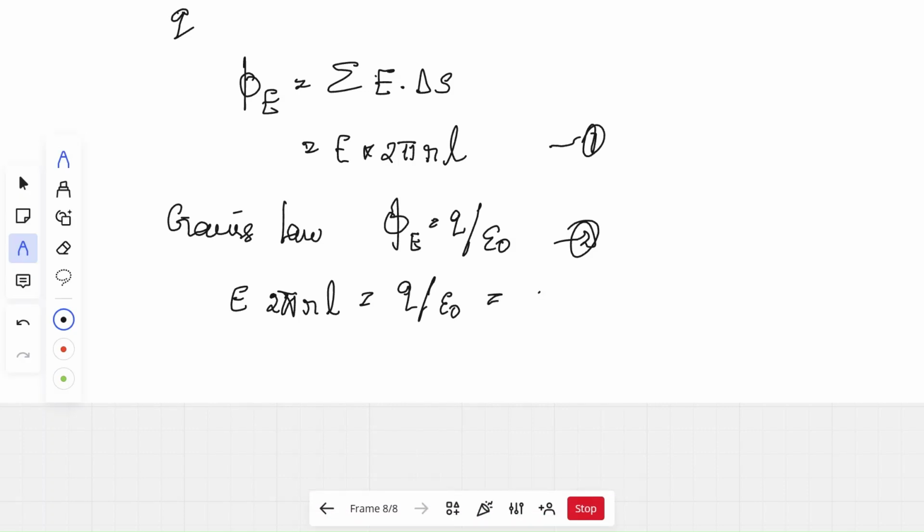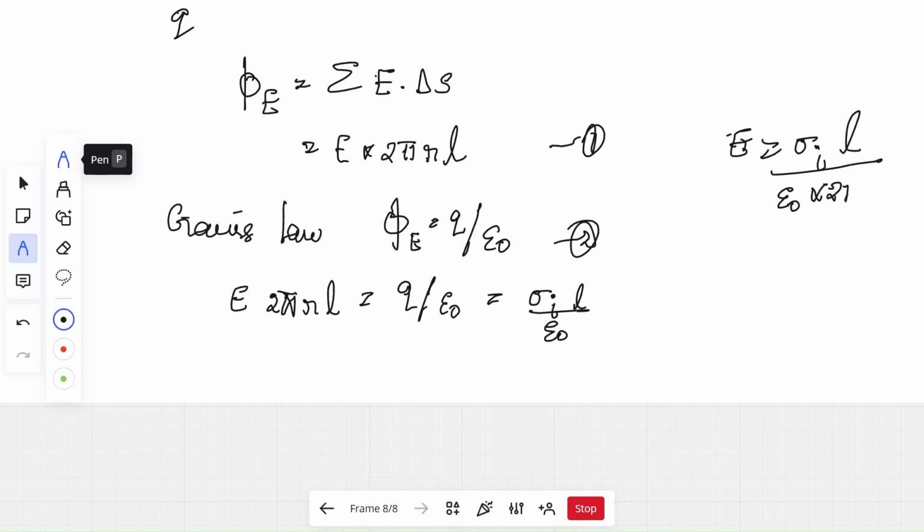now what is Q? Lambda into L by epsilon naught. So let's write it here. So E into 2 pi r L is equal to lambda L by epsilon naught.